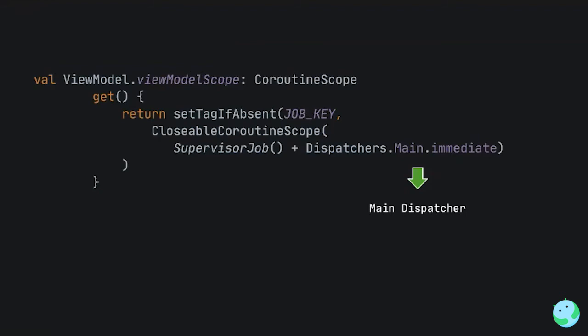What makes this scope special is that it's configured to be lifecycle aware. It uses a supervisor job, and it also runs on the main dispatcher. They provide extensions on a view model scope to launch coroutines when in specific lifecycle states, basically.